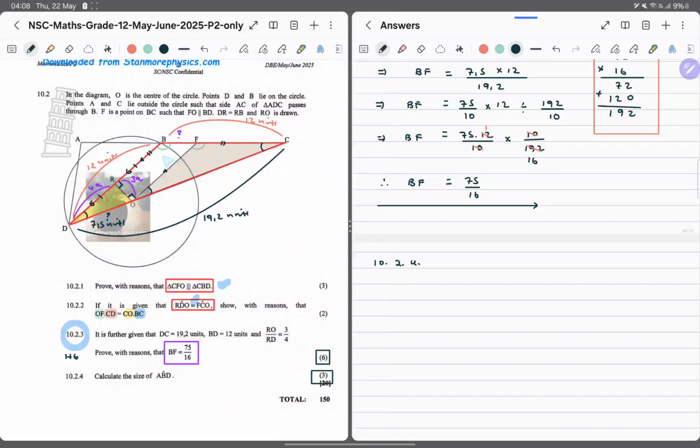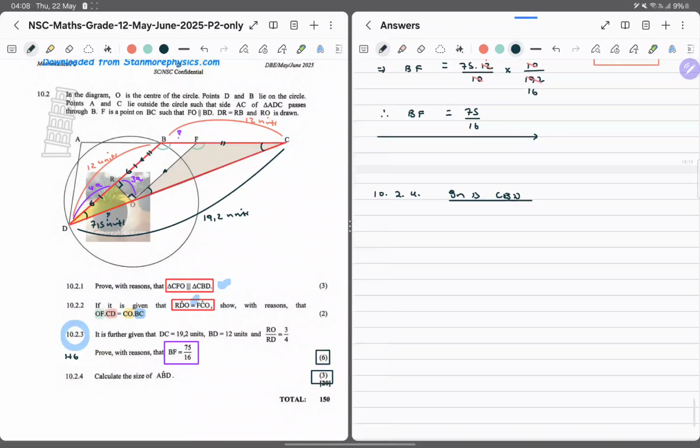But the problem with the sine rule is that we will have a situation where most of these angles disappear. So I think the cosine rule is the best. So we will say in triangle CBD or BCD. Remember, the naming is interchangeable, so we're not going to worry about it a lot.